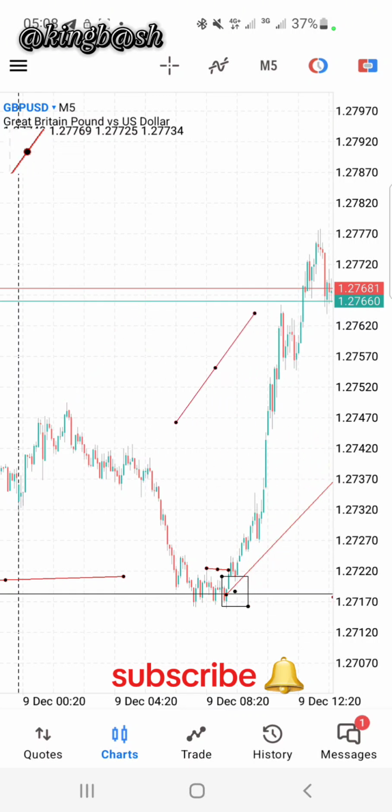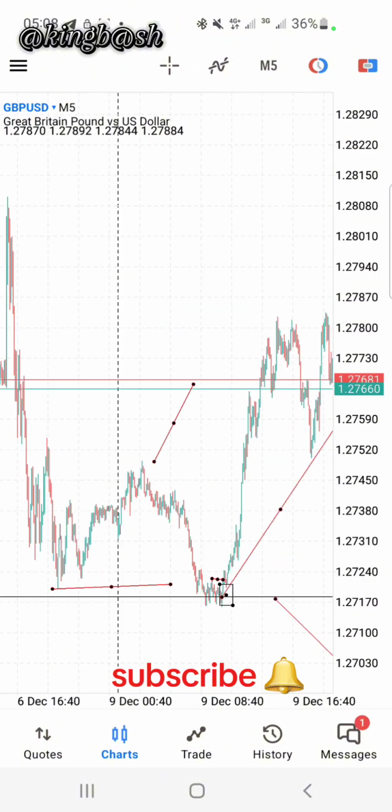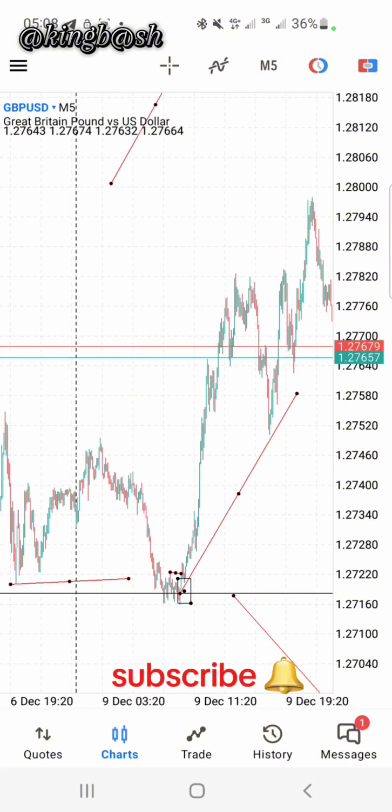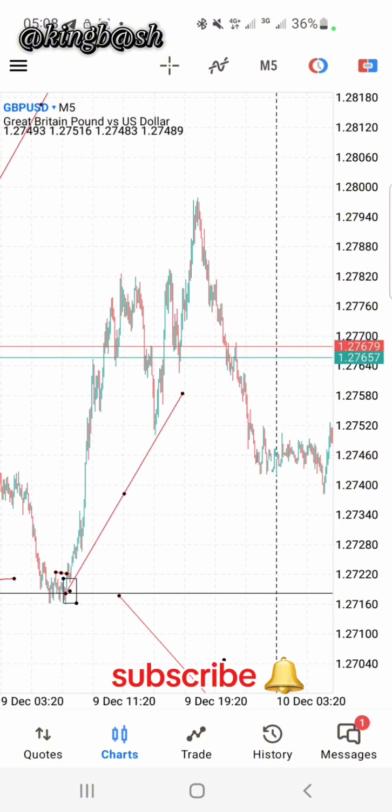So from here down here, you could have made 1 to 5 risk to reward. So after this, where is the next area? Then you target the next high. This is the overall high we are targeting. So this is how you break down your chart, and it repeats every day.